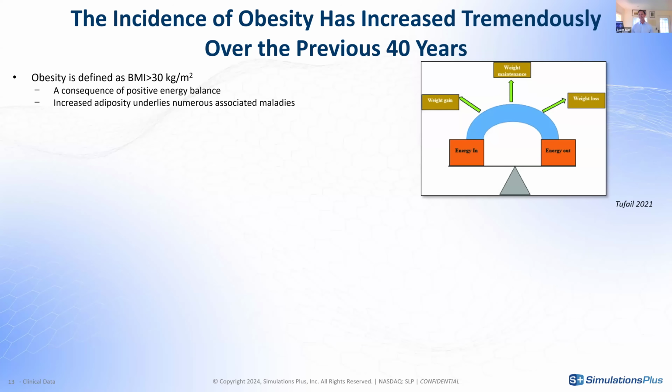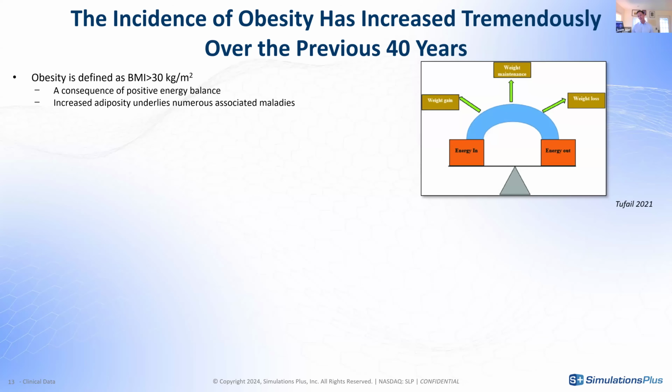Nonetheless, this is the clinical definition, and it is really a consequence. It emerges as a result of positive energy balance. This figure from the Tufel paper shows the classic description where energy intake exceeding expenditure increases the propensity for weight gain.